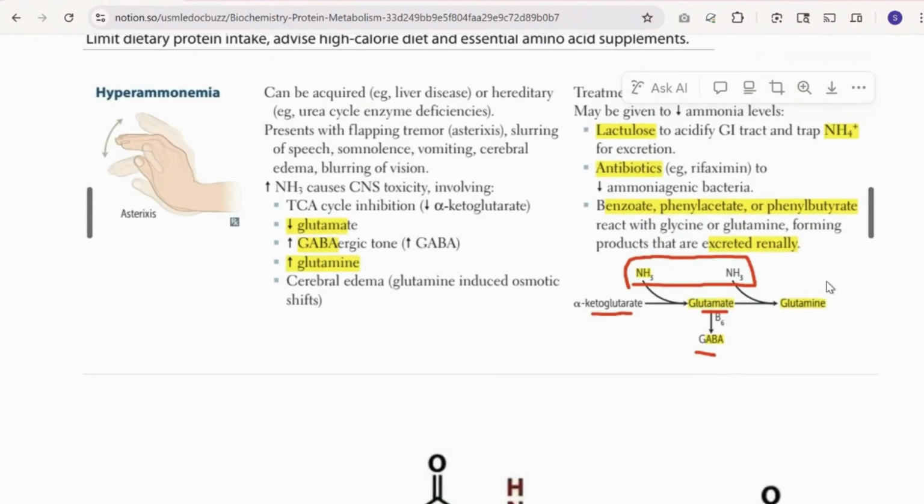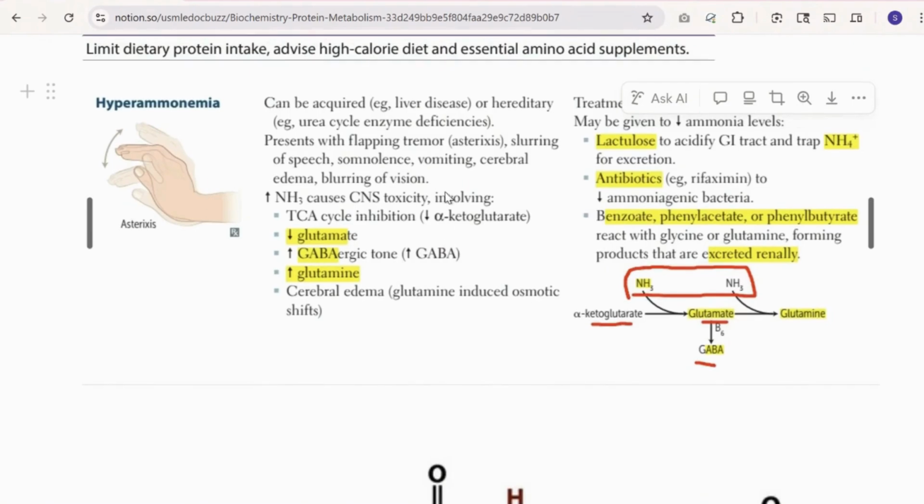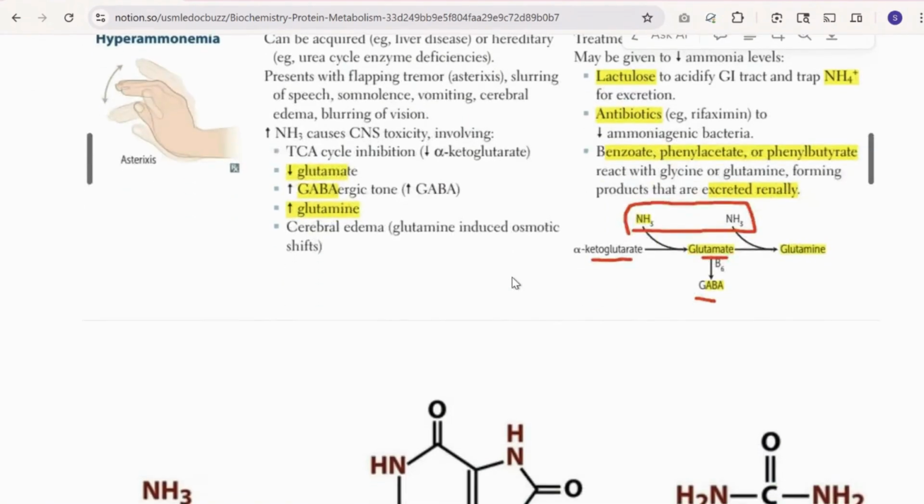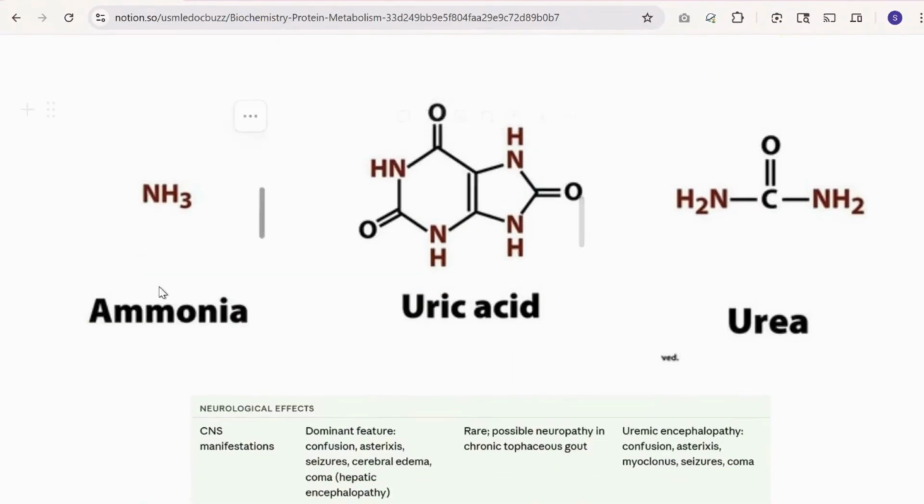All right, now we're going to talk about one high yield thing. Okay, it's important to distinguish between these three things that you see here. Okay, ammonia, uric acid, and urea, right? Hyperammonemia, hyperuricemia, and uremia. That's all this is.